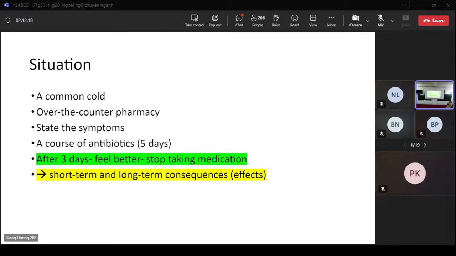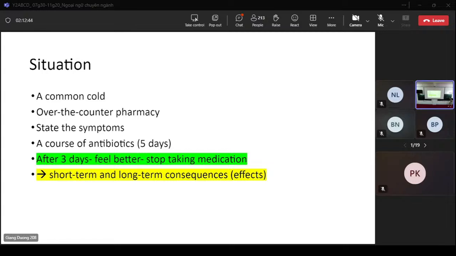After 3 days, I felt better. And I stopped taking medication. You see the situation? Is it very common in Vietnam? Once you use, theoretically, if you use antibiotic, you know antibiotic?